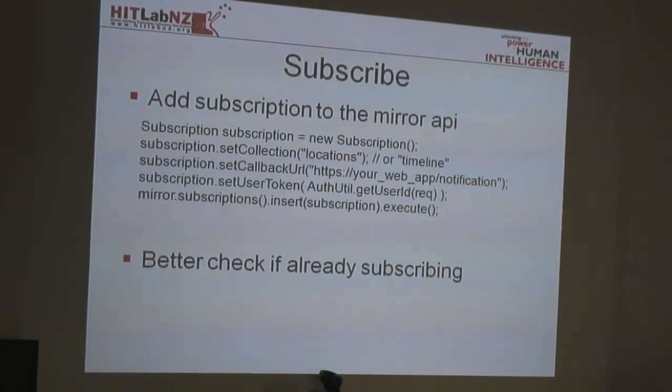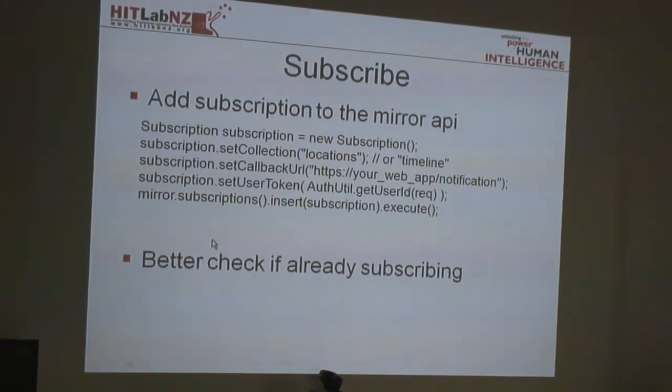So you can know if they have replied to your card, or if they have pressed a certain action item from the menu, or if their location has updated. All that kind of information can be used for calling back your own web servlet from the Mirror API.